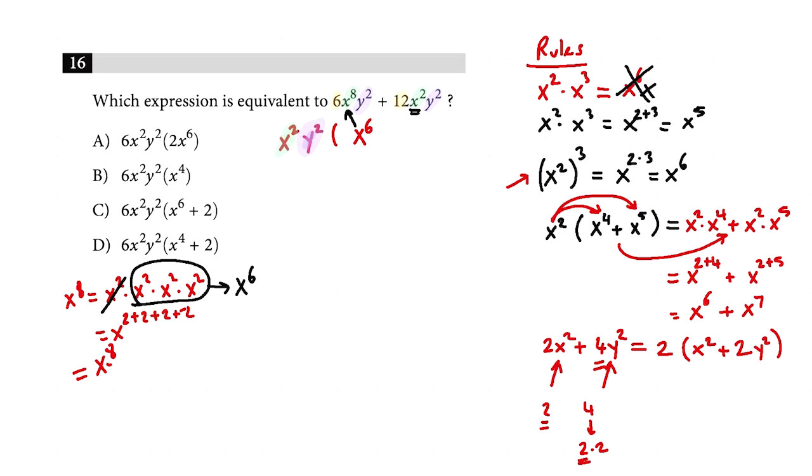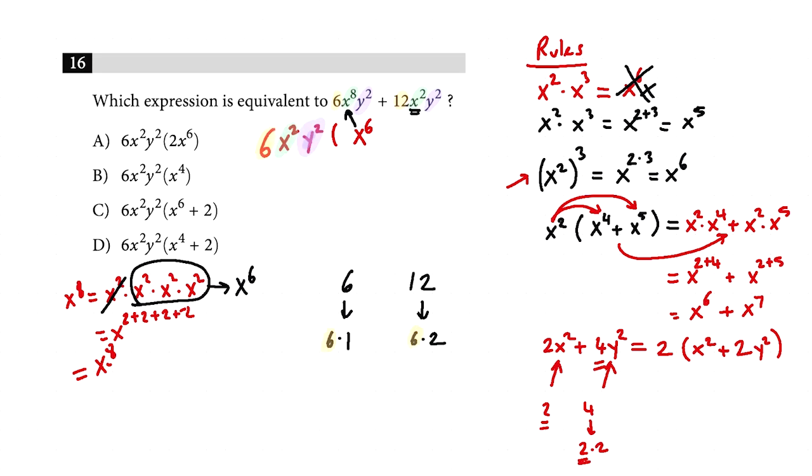So 6 means the factors of 6, 6 times 1, factors of 12, 6 times 2. If you are looking for the common factor, there you go, it's your common factor. So if you write it down, 6 is my common factor. If I use the color, let's highlight that one. And if I use the 6, what is left here is 1.